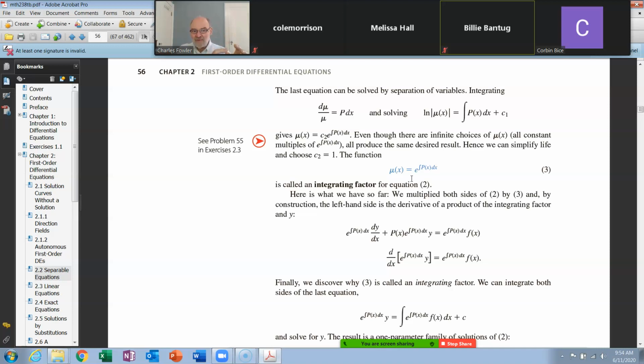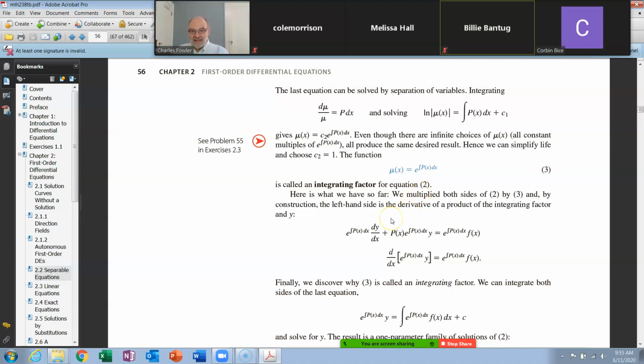Whatever that comes out being, you never put a plus c with this integration. Not necessary. Just do the antiderivative without a plus c. Whatever that turns out being, take e to that. That then is your μ. So multiply both sides of your original equation by this μ, every term on both sides.